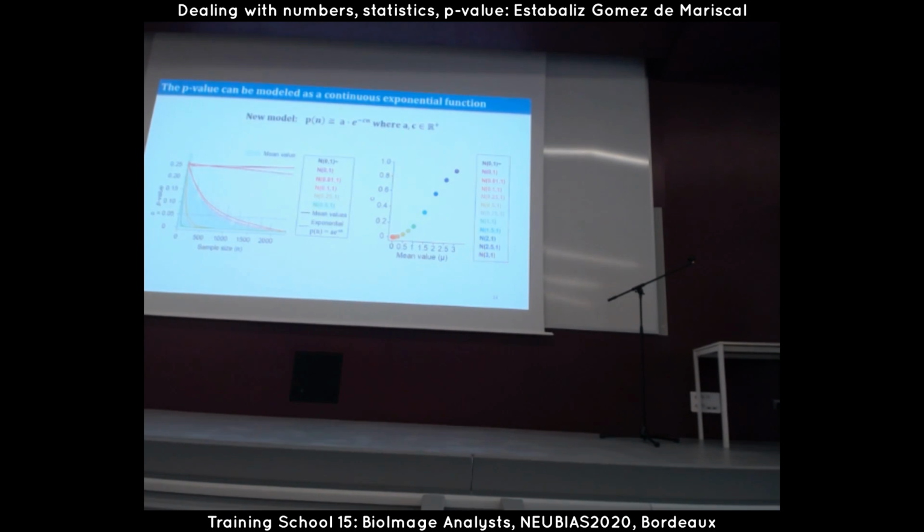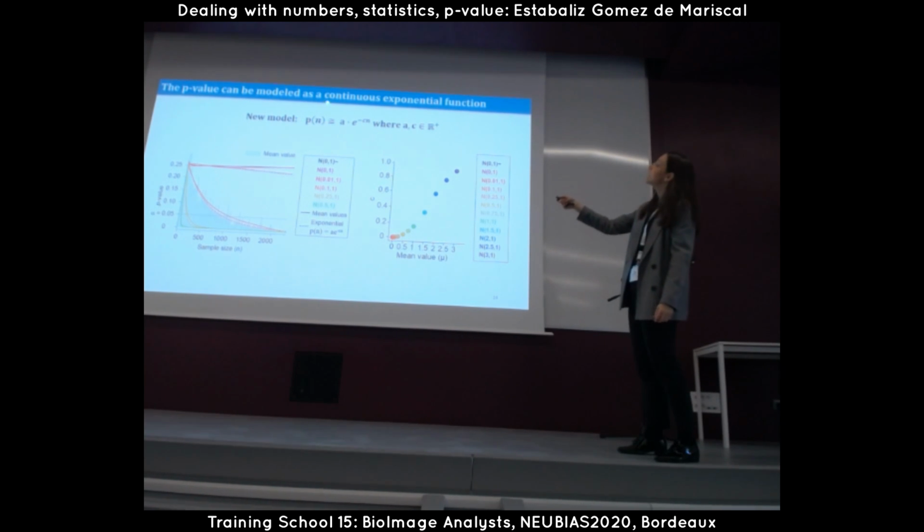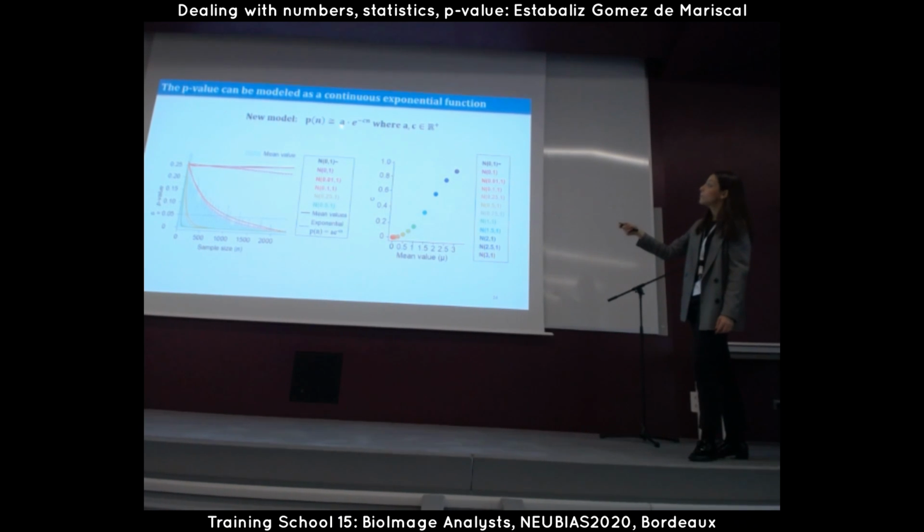So with this, we got our new model, which is an exponential function, and we just need to know what A and C are. And the next thing is that when we fit this nice function, and we plot how C changes with the mean value of the normal distribution that we are comparing, we see that there is a relation.